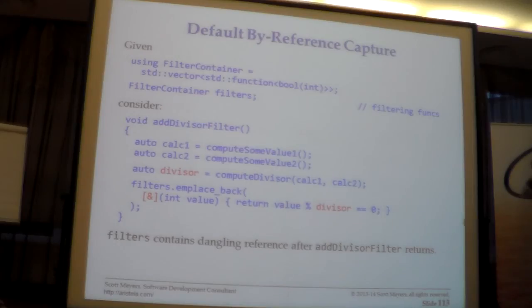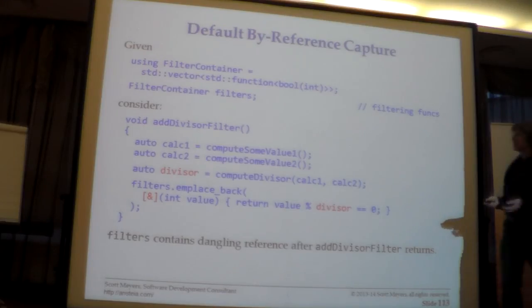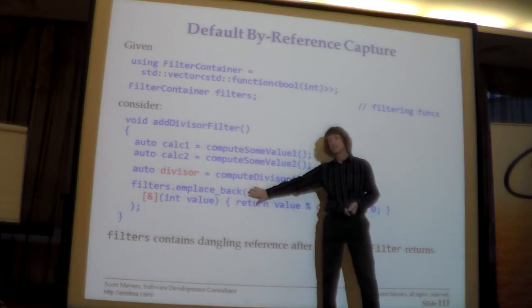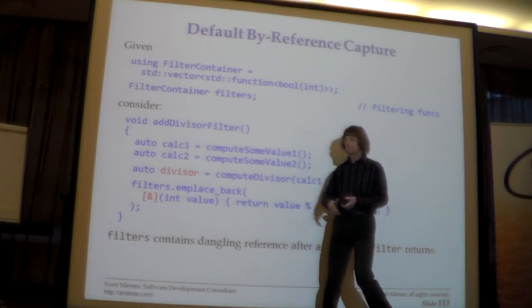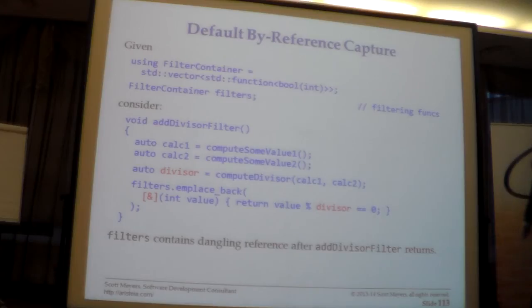Rather than directly adding a std::function object, I'm actually going to add a lambda. And as a result, instead of calling push_back, I'm going to call emplace_back. It will be more efficient to call emplace_back. So in this case, I'm just going to say, given a particular value, I want to return whether the value is evenly divisible by the divisor.